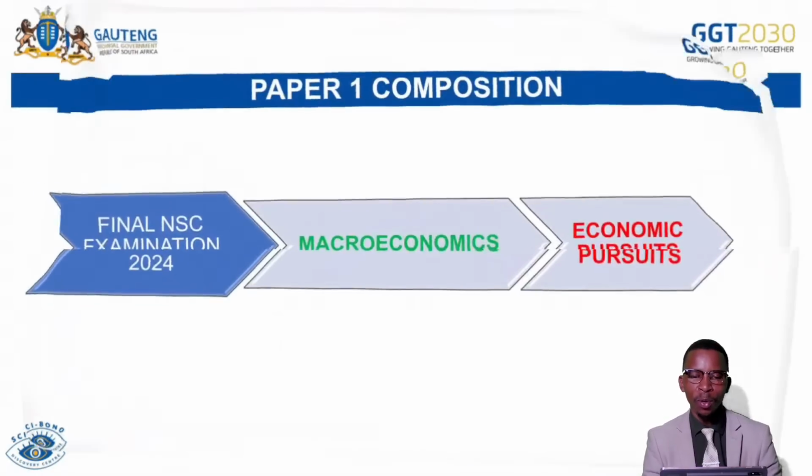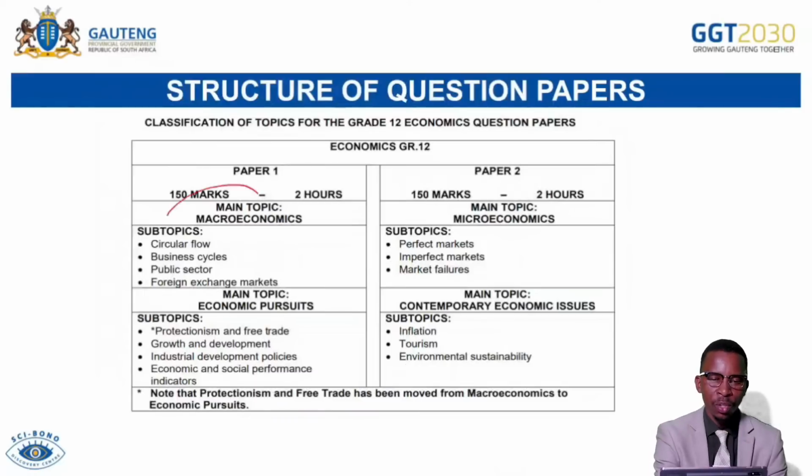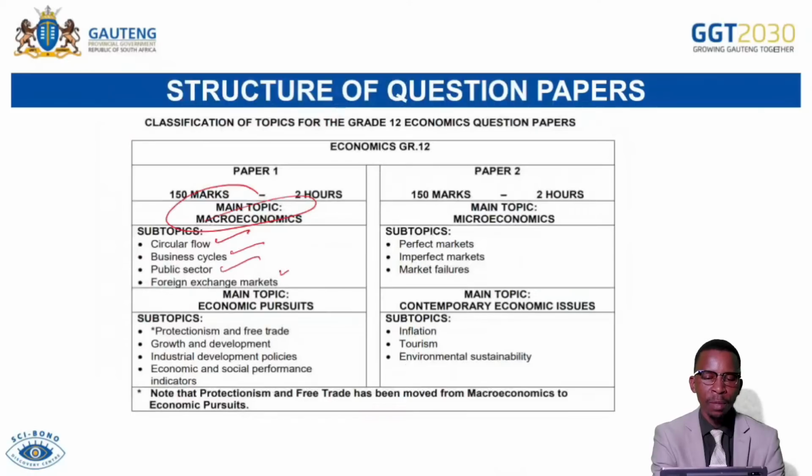So there's a breakdown here of the questions and the topics found in each question. Our paper is out of 150 marks as usual. It will be 2 hours. So just ensure that you become more efficient as you answer the questions in the question paper. The macroeconomics as usual has the circular flow, the business cycles, public sector, and the foreign exchange markets.